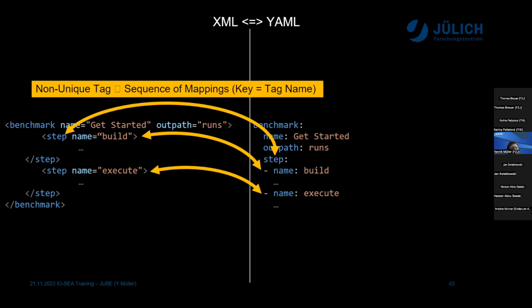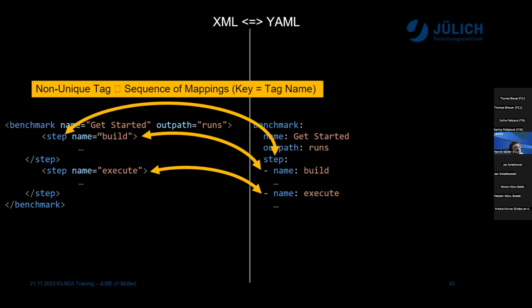Then the question is, what happens to non-unique tags? Because in XML, you can have multiple times the same kind of tag. So here there are 2 steps, which is perfectly fine in XML, but in YAML, a mapping is like a dictionary in Python, so every key has to be unique. So this is instead mapped to, first of all, a mapping. So step itself is a mapping, but then the content of the mapping is again a sequence. A sequence is just like a bullet point list.